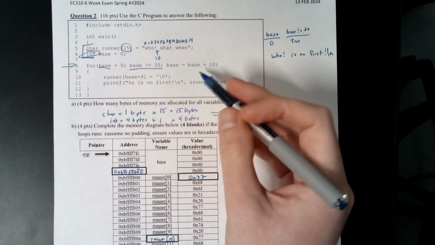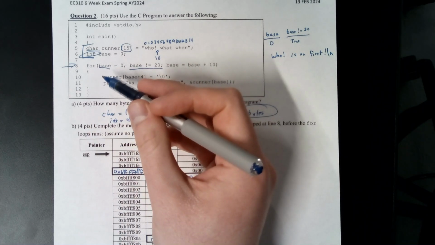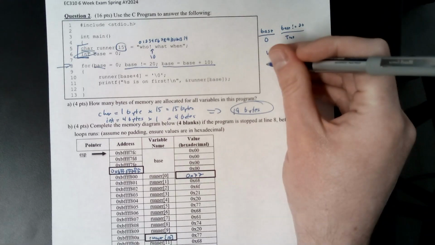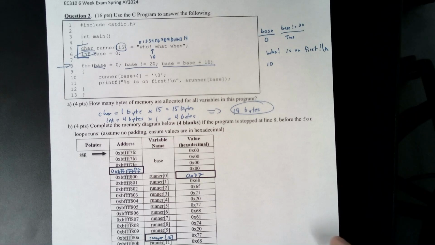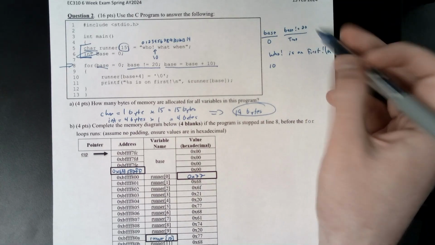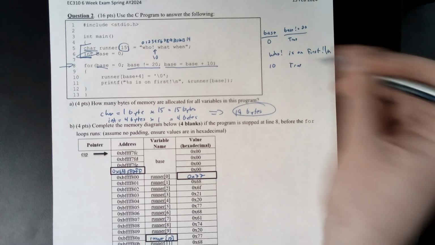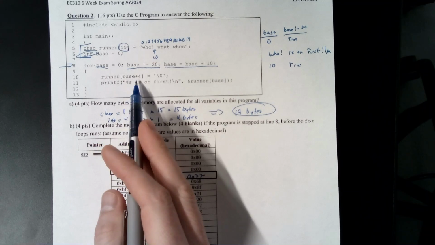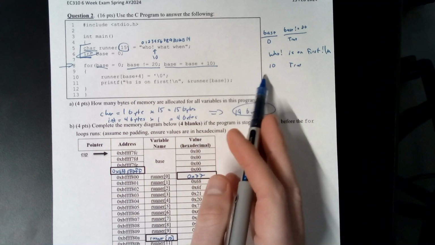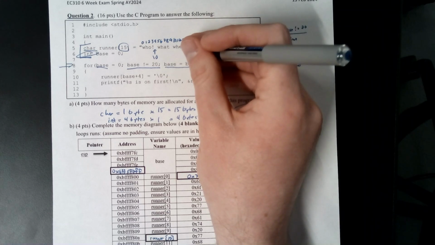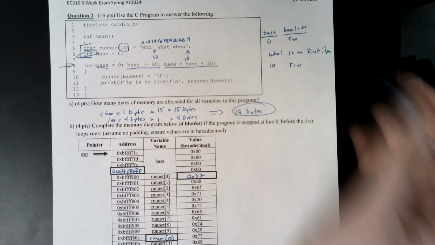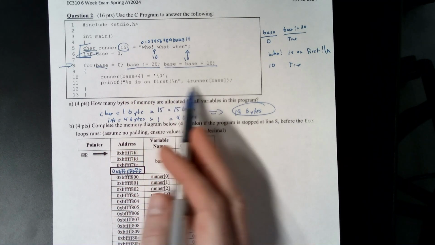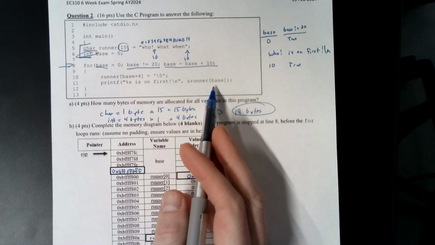We're then going to repeat our for loop, right? We go back up to the top, and we do base equals base plus 10 when we go back up to the top. So base becomes 10. We're checking our condition again. It's not equal to 20. That's true. So we're going to execute the loop again. We look at what happens. We set base plus 4, which is now 10 plus 4 is 14, to a null. So we put a null there, and then we print %s is on first, and we do that from base 10 now.